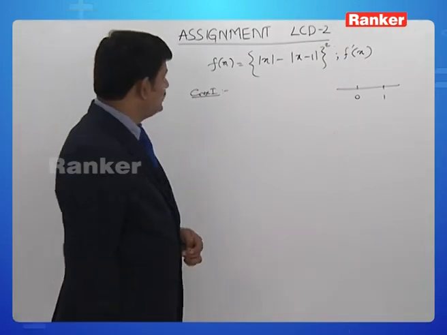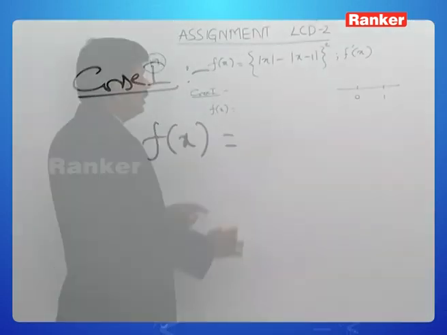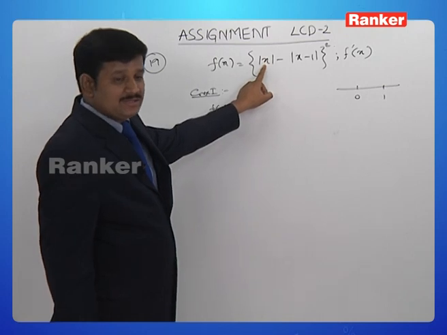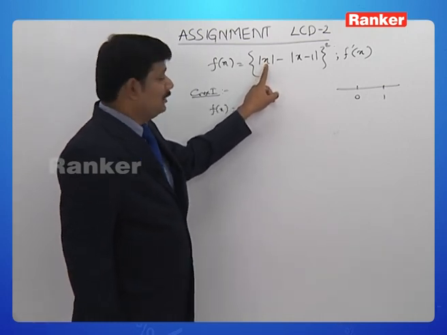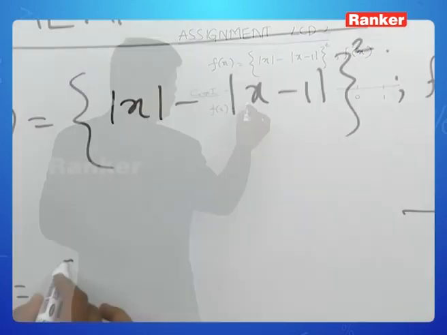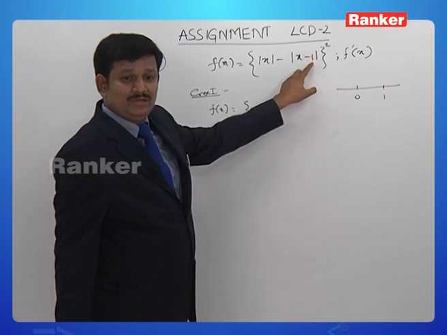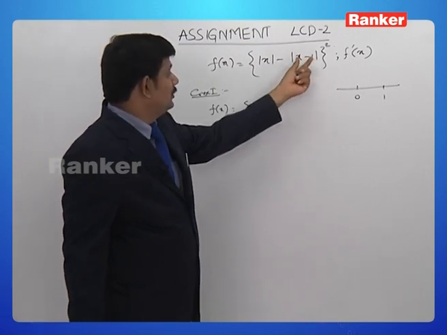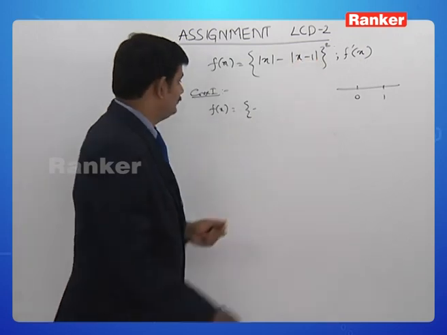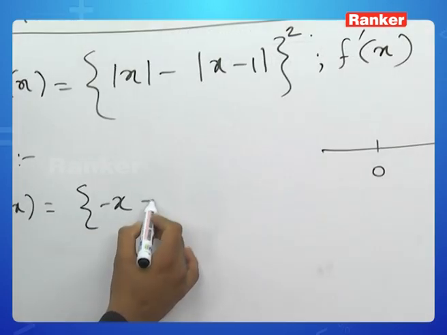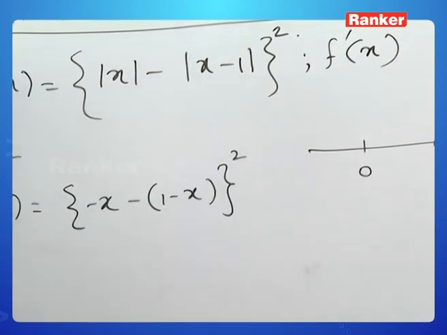when x is less than 0, mod x will be minus x, because x is negative. x is negative, so x minus 1 is also negative. So, mod x minus 1 is 1 minus x, whole square.